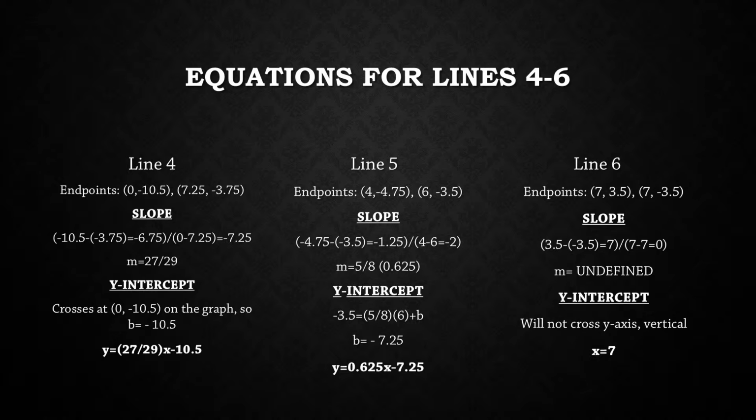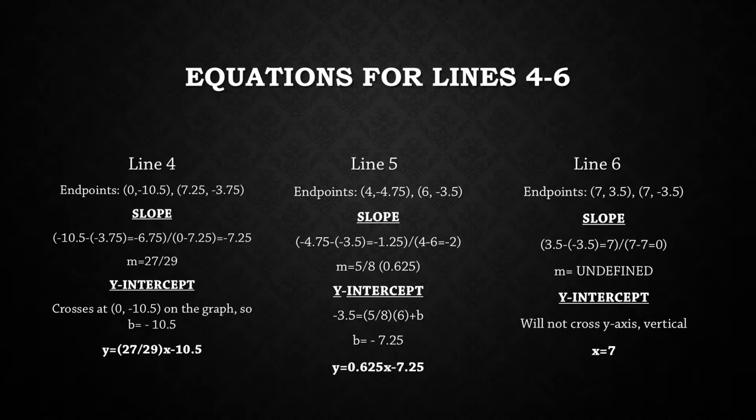Then we divide by 0 minus 7.25, which is a negative 7.25. So instead of a negative 27/29 for the slope, it's a positive 27/29.